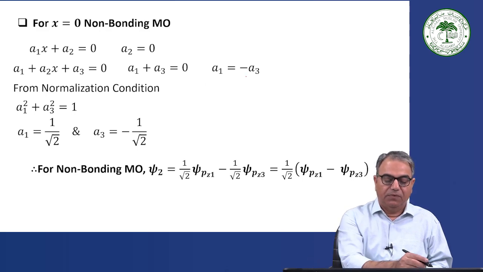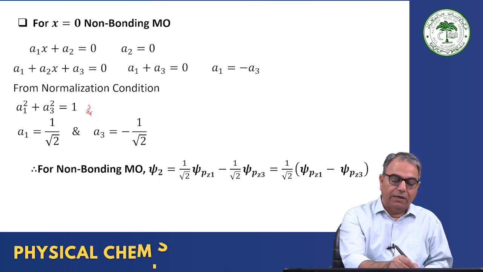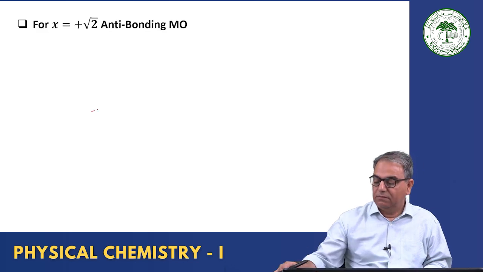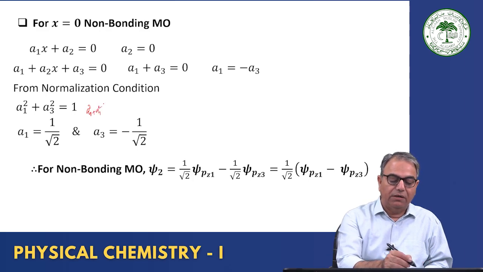What does it mean? a1 is equal to minus a3 means you can write a1 square plus a1 square is equal to 1.